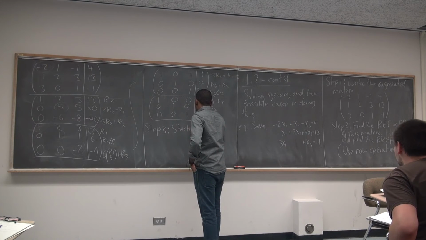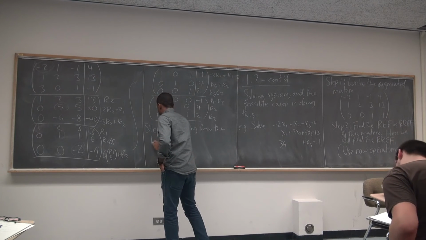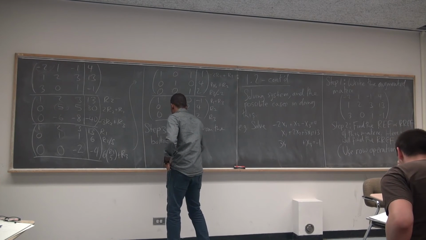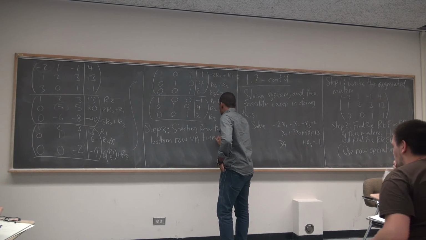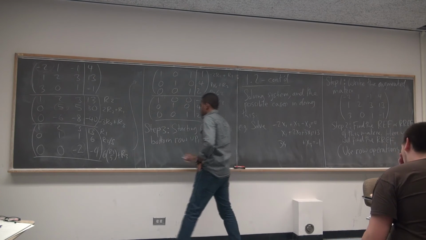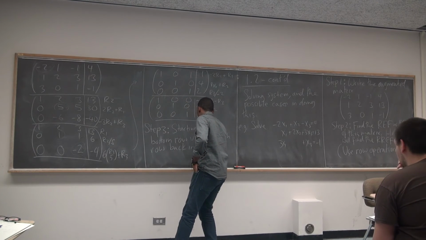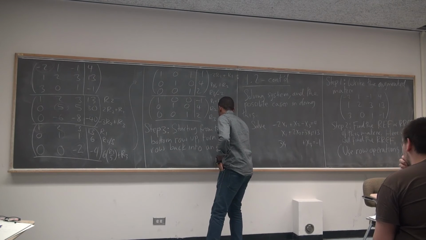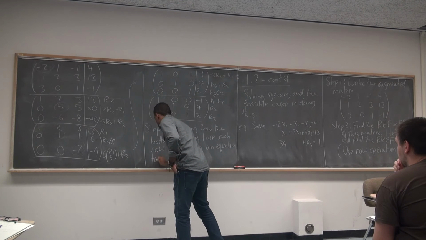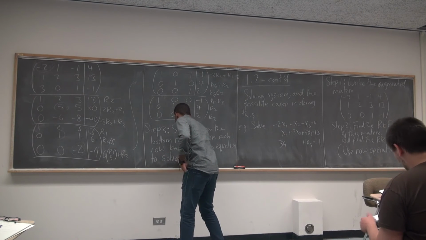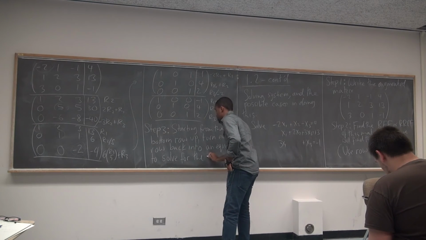Starting from the bottom row up, turn each row back into an equation to solve for the variables.